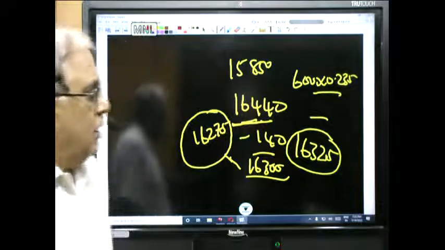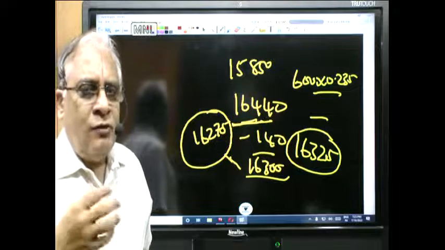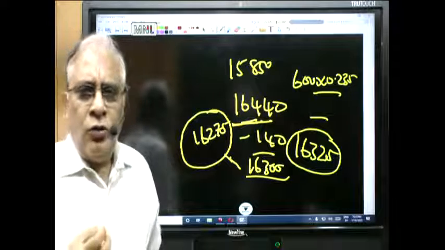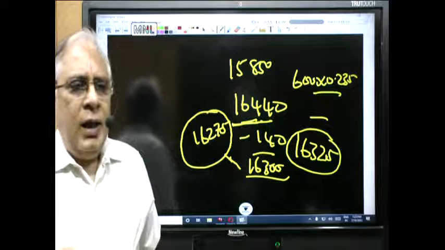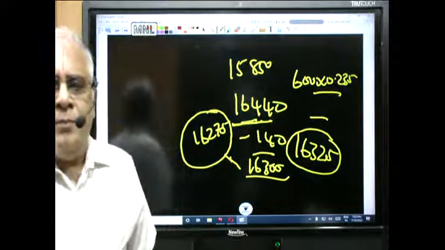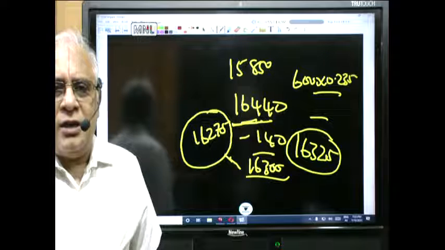Okay, one. So to that extent, when it opens up tomorrow, we must keep ourselves prepared. Let us say today the close is quite strong, and tomorrow it just straight away gaps up above 16,380.